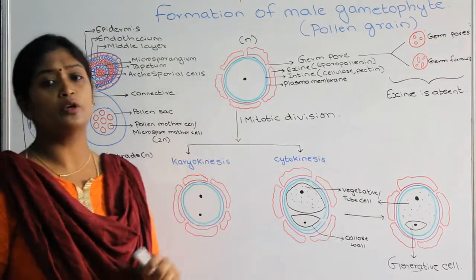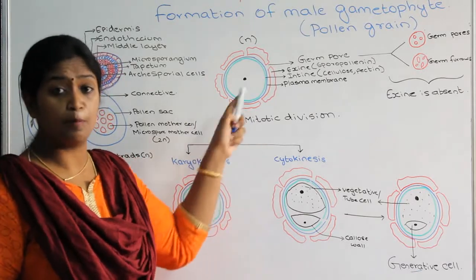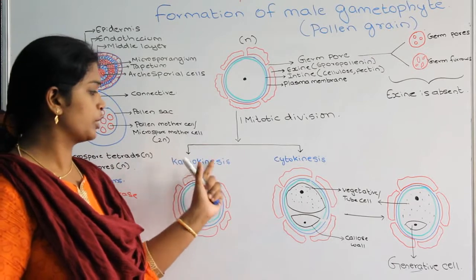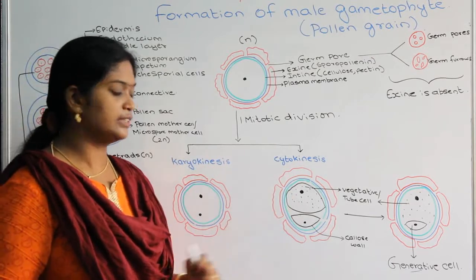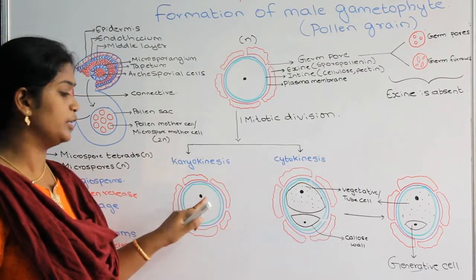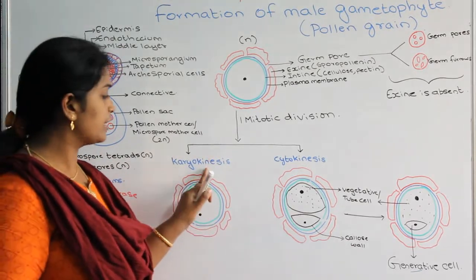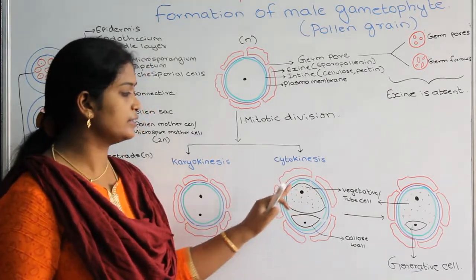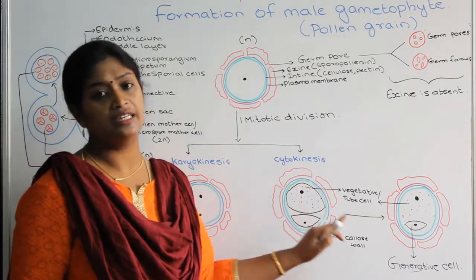Now, the pollen grain, which is haploid in nature, undergoes one mitotic division to give rise to the vegetative cell and the generative cell. First the karyokinesis takes place, where the nuclear division occurs, then the karyokinesis is followed by the cytokinesis. By the cytokinesis, the vegetative cell and the generative cell form.